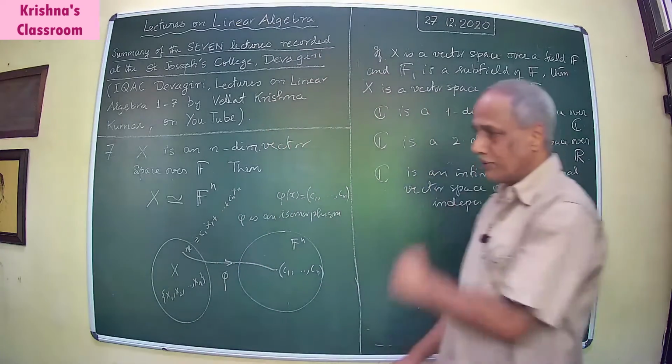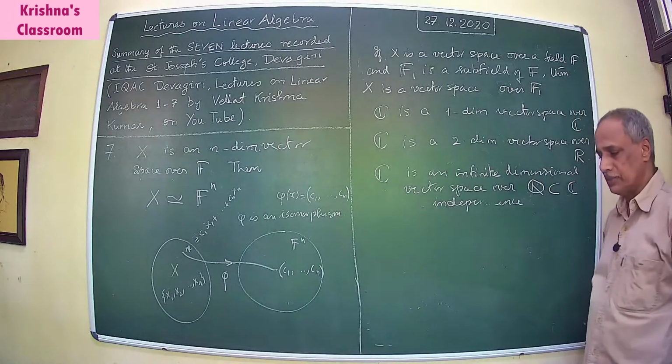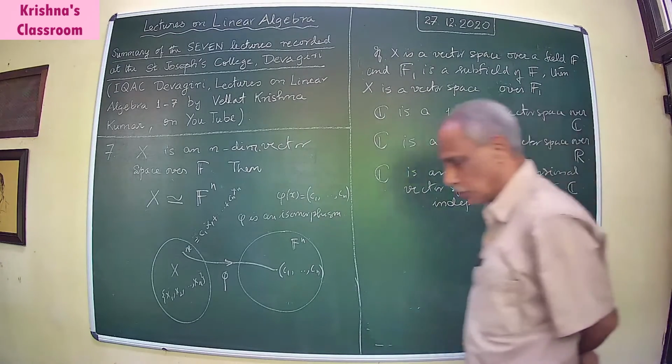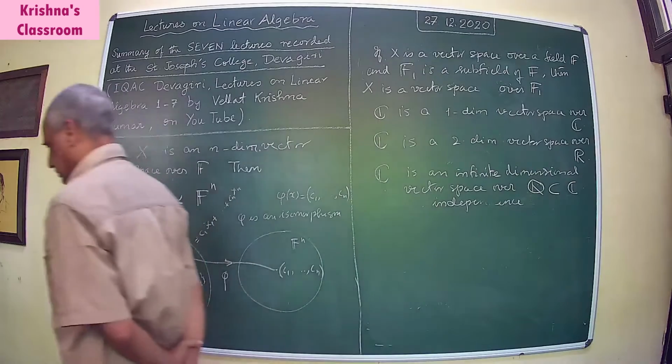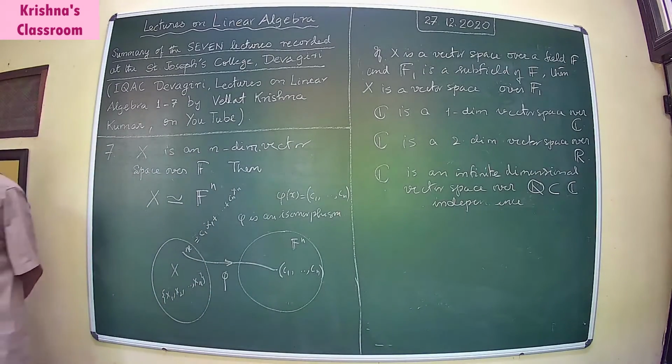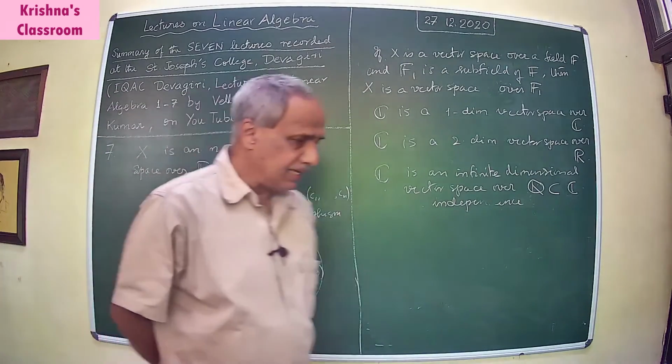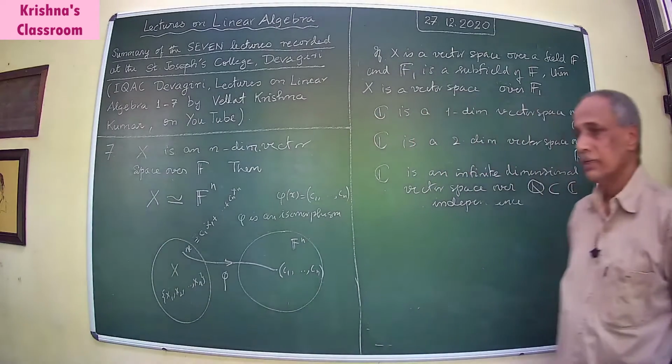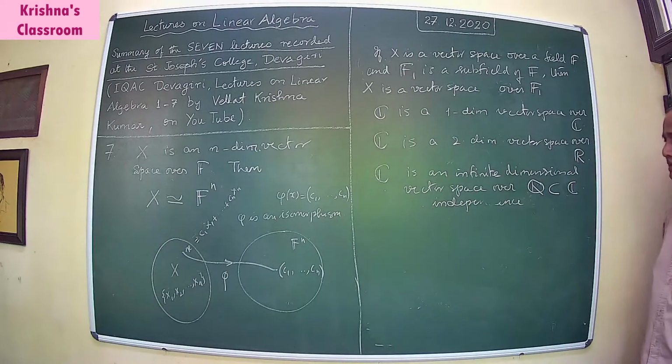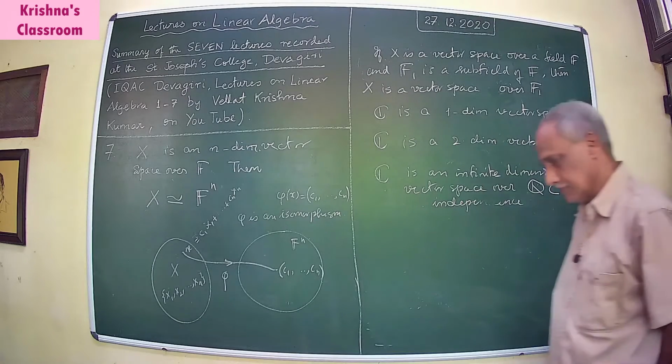The way in which we have constructed this isomorphism, it is clear that it has something to do with the choice of the basis. Now, as I have commented earlier, there are different bases that you can choose for the vector space.